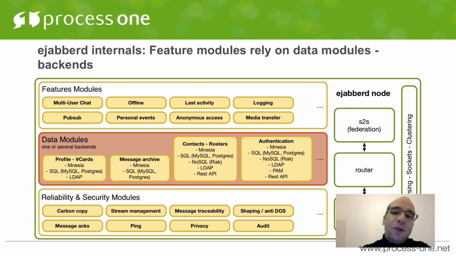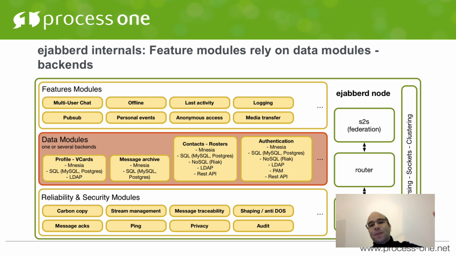So here is another view of the same kind of thing I've been saying up to now. Inside the ejabberd source code, you have feature modules, and those feature modules rely on data modules. This is the backend. For example, the PubSub module, which is responsible for broadcasting messages on PubSub nodes, which are basically channels, relies on a database for storing the nodes, the last item, and so on.